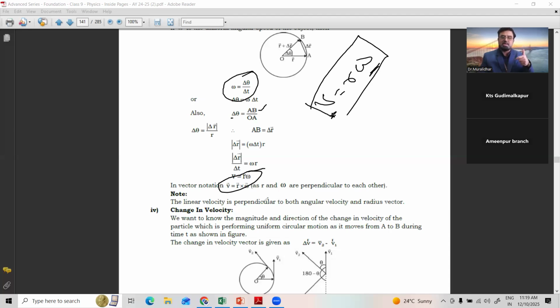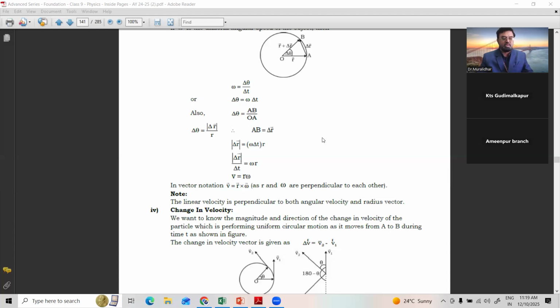V is the linear velocity, R is the radius vector, and omega is the angular velocity. Angular velocity is for a body in circular motion, and linear velocity is for a body moving in a linear path. So this relation is very, very important for solving many problems. V is equal to R omega.